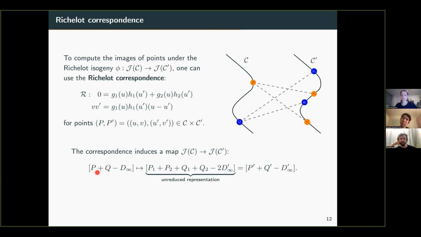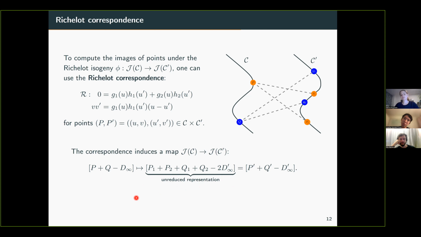We compute those points P1 and P2 that correspond to P, and the 2 points Q1 and Q2 that correspond to Q. The equivalence class of this divisor is then the image of this element in the Jacobian.